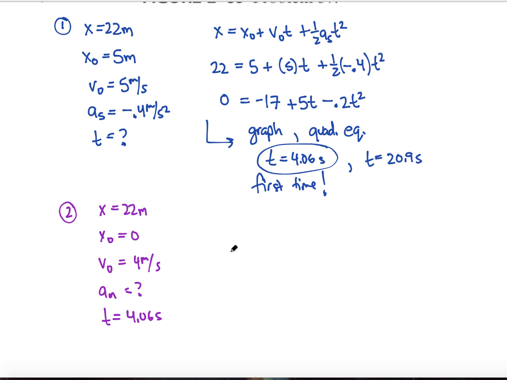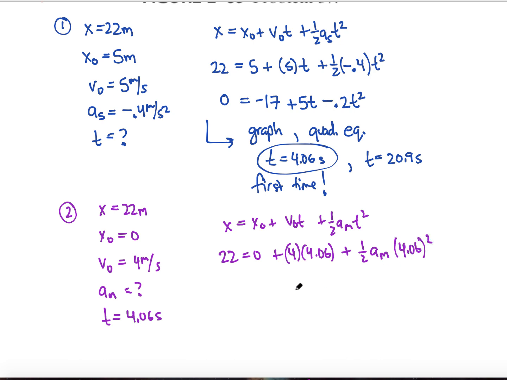So now I can go into my second equation, x equals x naught plus v naught t plus 1/2 the acceleration of Mary times t squared. And I can substitute all of these values in, and I'm solving for my acceleration in this case. So I have 22 is equal to 0 plus 4 times my time of 4.06 now, plus 1/2 times my unknown acceleration times the 4.06 squared.